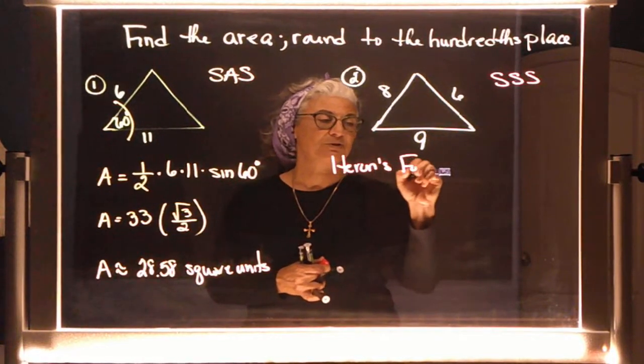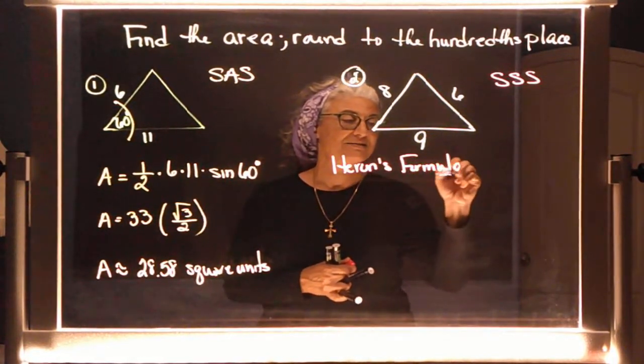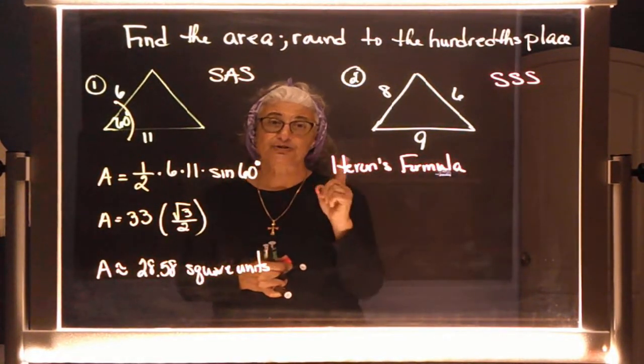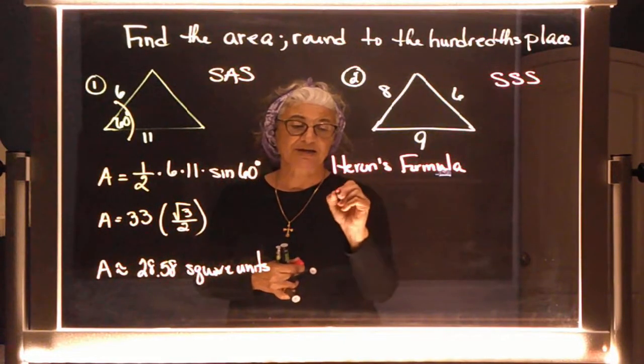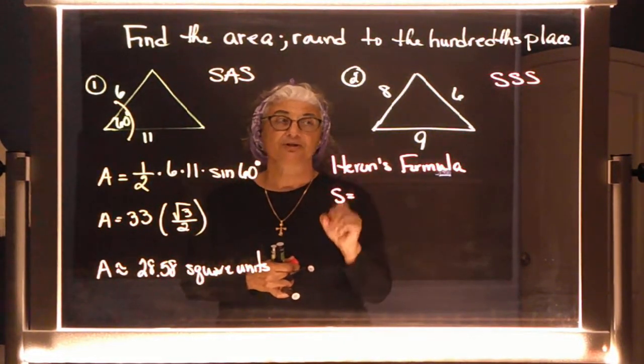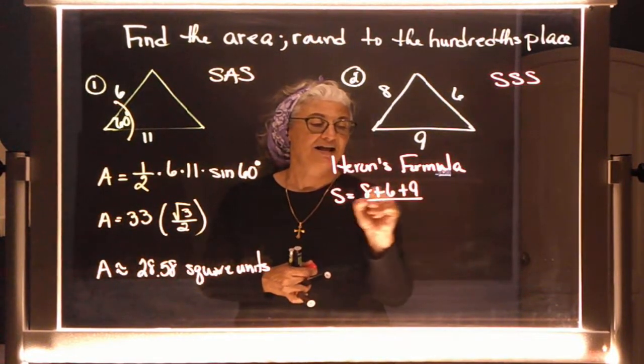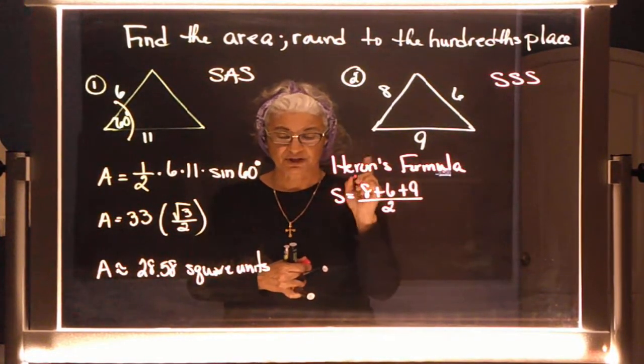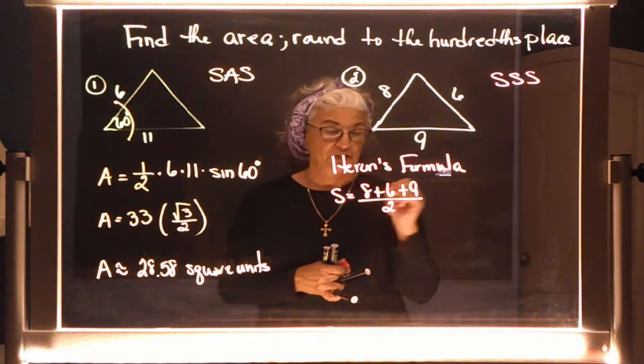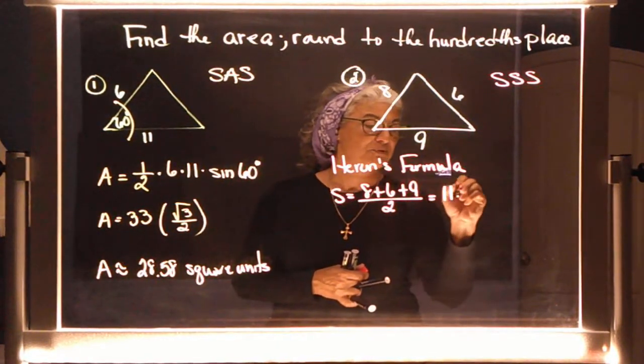And Heron's formula says that you're going to need the semi-perimeter, which means add all three sides, and then you divide by 2. Agreed? So I got this to be 11.5.